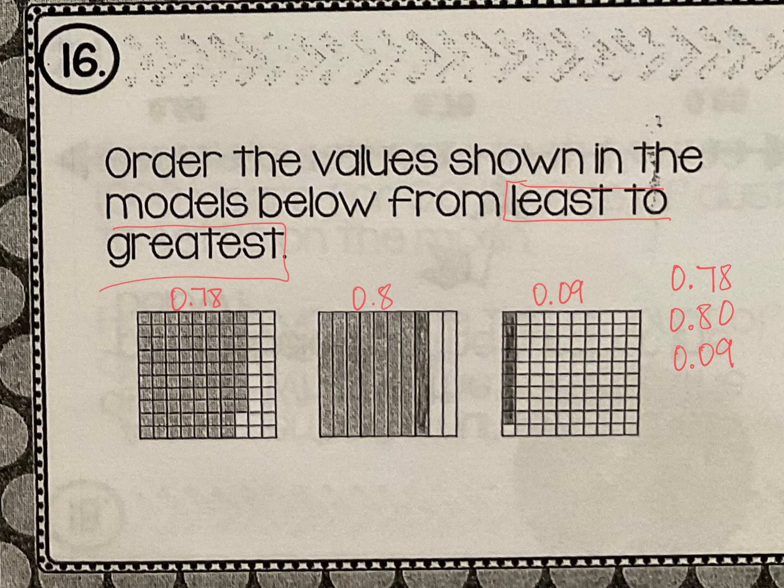What is our smallest decimal, Brendan? 9 hundredths. I'm going to mark it out. What comes next? 78 hundredths or 8 tenths? Peyton? 78 hundredths. Mark it out. And then the last one is 8 tenths.